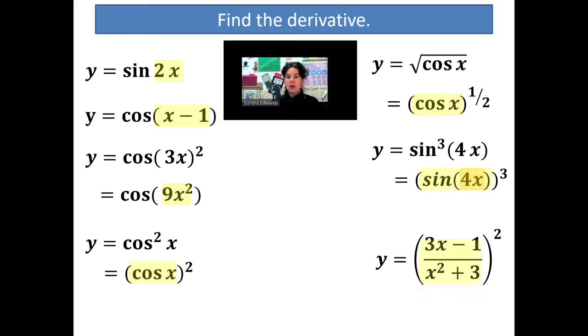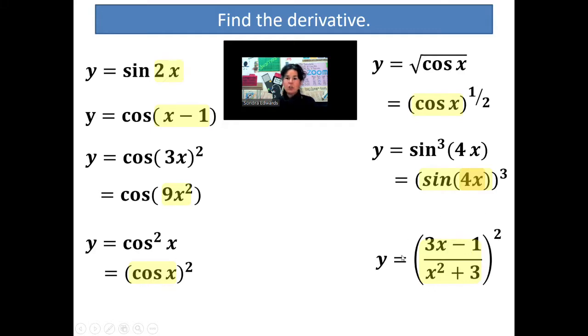Last one, all of that to the second power. So what you can do there is the whole fraction, all of that fraction is the input function. So the 2 is going to move to the front, 2 to the front, ugly to the first power, and then chain on the derivative of ugly.